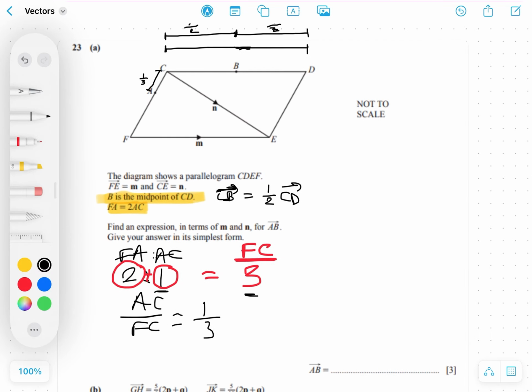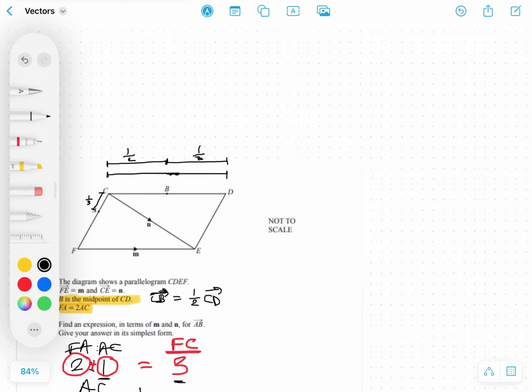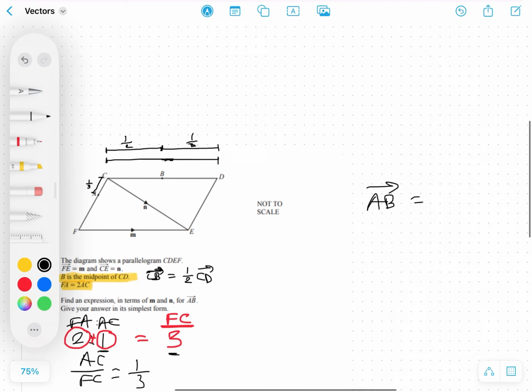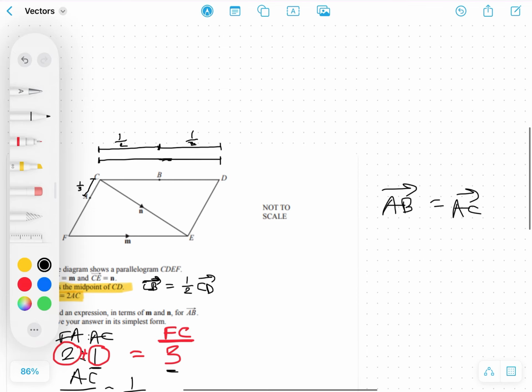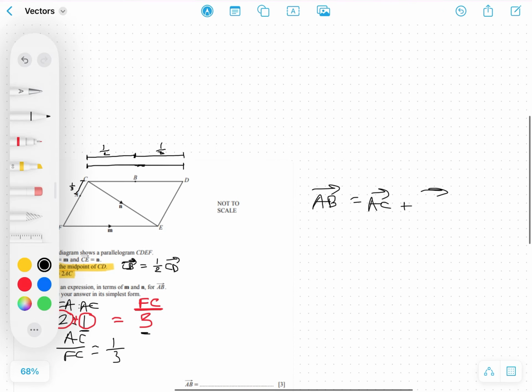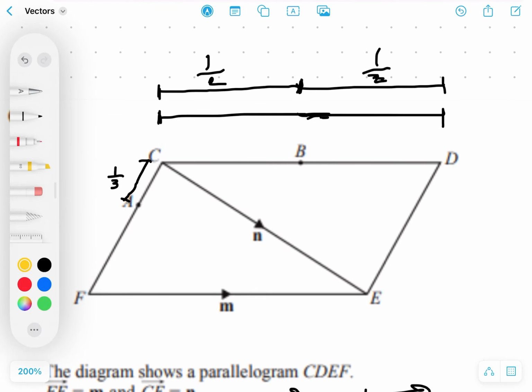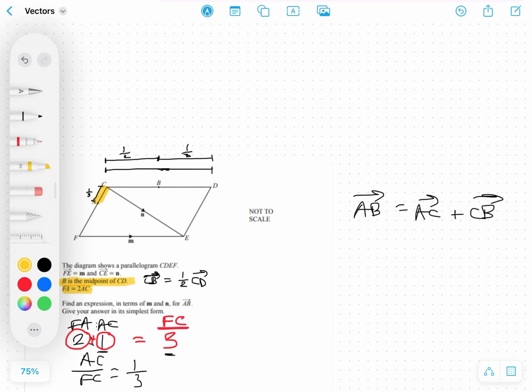So now the question is to find an expression for the vector A to B. So the vector A to B is equal to the vector A to C plus the vector C to B. And that's because to get from A to B, we first have to use this line, AC, and then we have to go from C to B, and that's this part here.